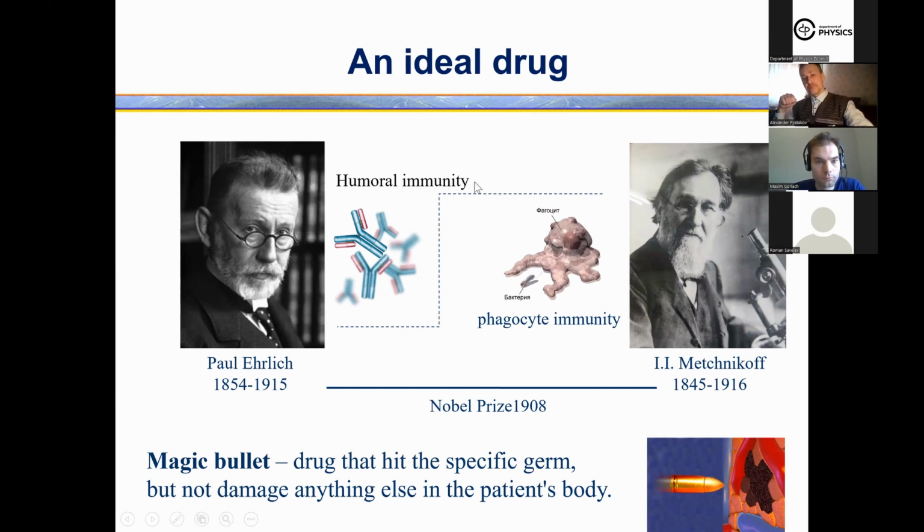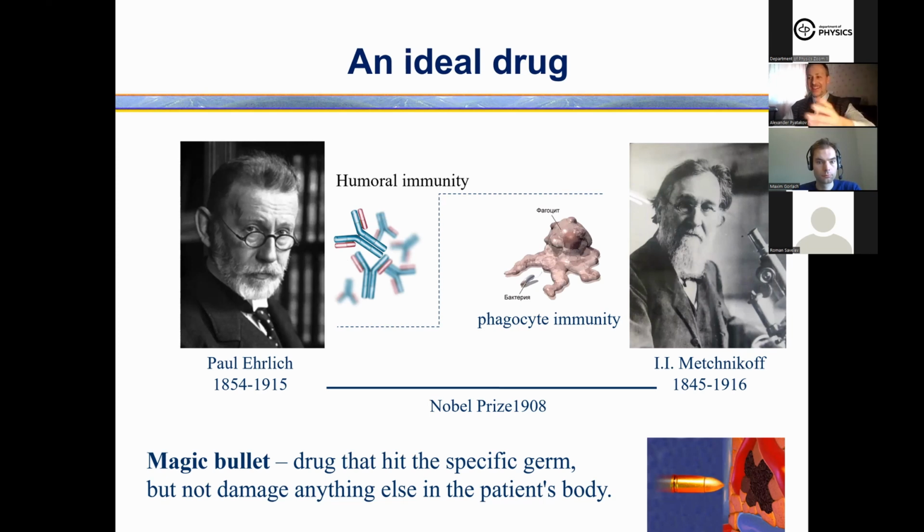Mechnikov defied the humoral immunity concept about these antigens and so on, and said that there are special cells that eat the bacteria. But in fact, immunity is the whole system, and both of them were right, and they shared this Nobel Prize.